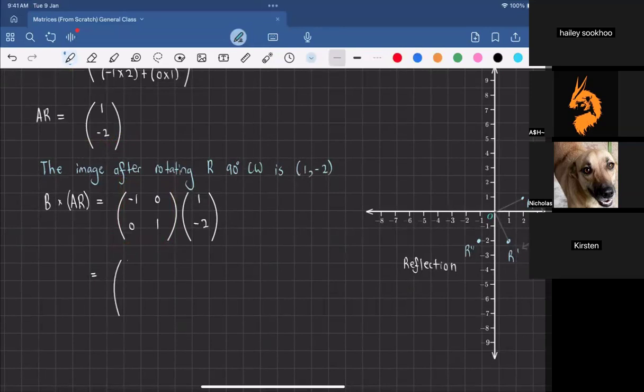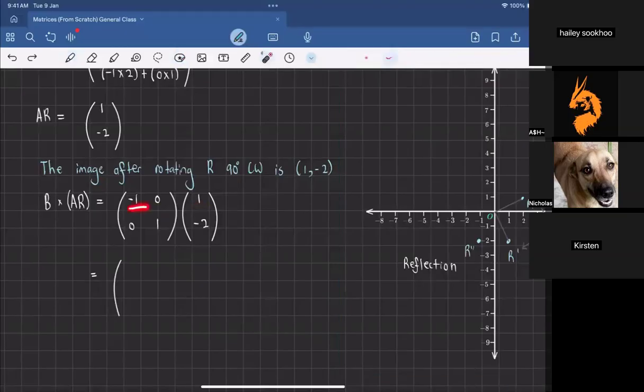So it's 0 by 2, no? Maybe -1 by 1, plus 0 by -2.